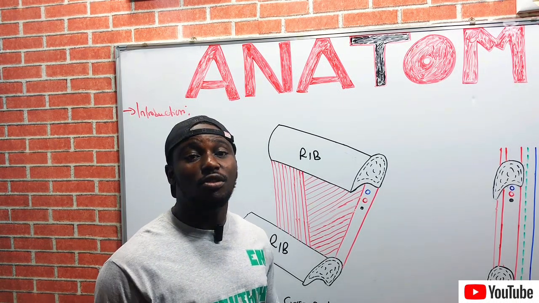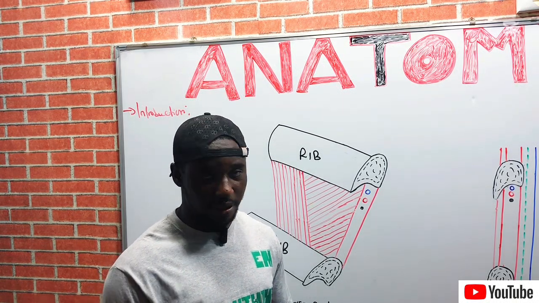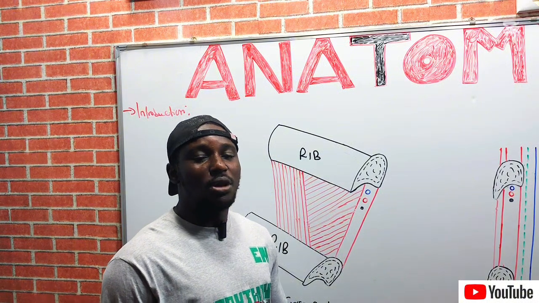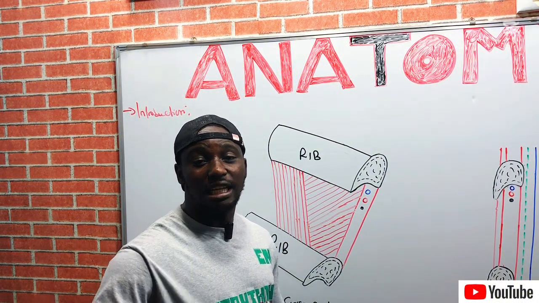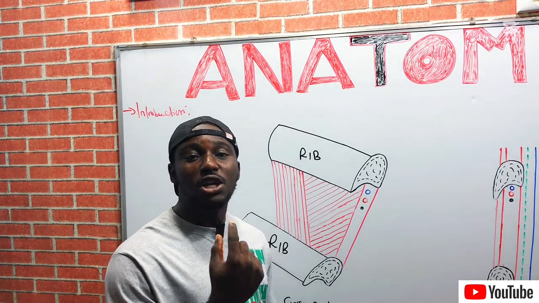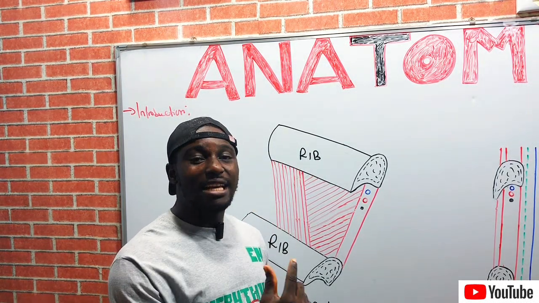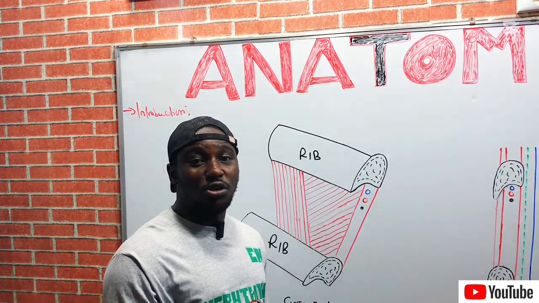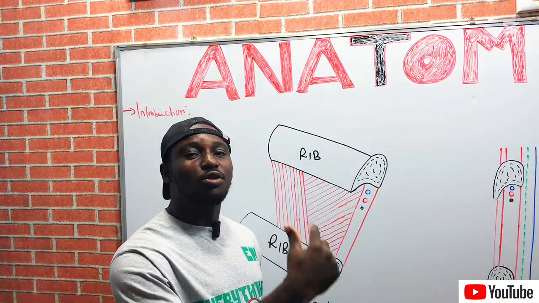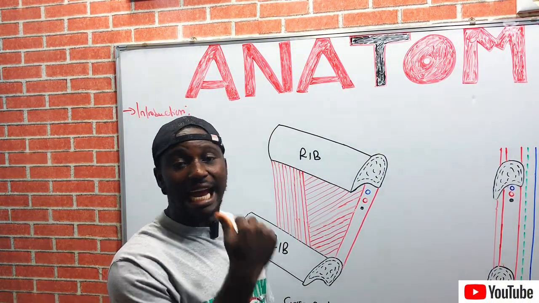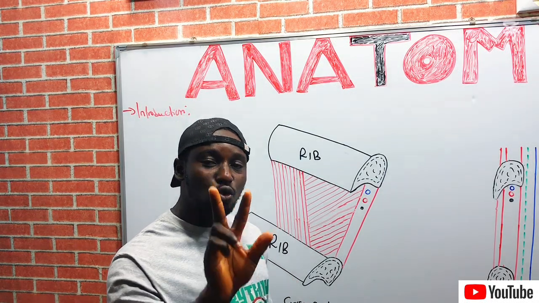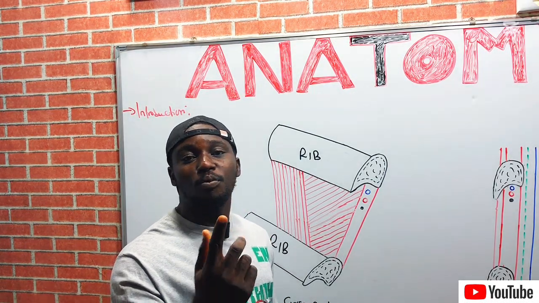Automatically we have 11 pairs of intercostal space, right? Because we have 11 on the left side and we have 11 on the right side, because in between the two ribs lies the intercostal space. So when you count from first rib to 12th rib, if you check the spaces, there are 11, right? Because two ribs usually form one space.